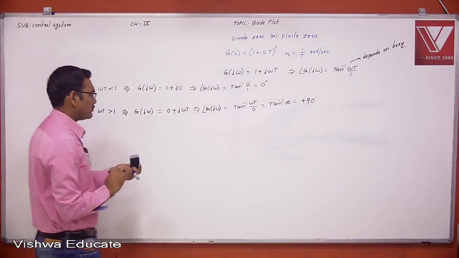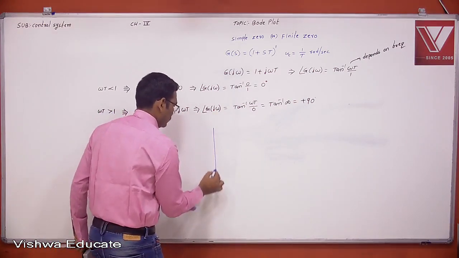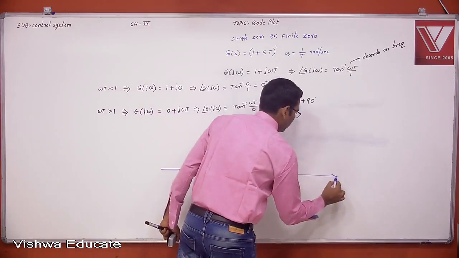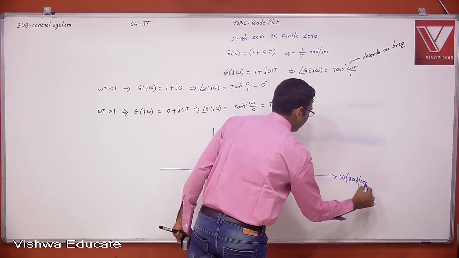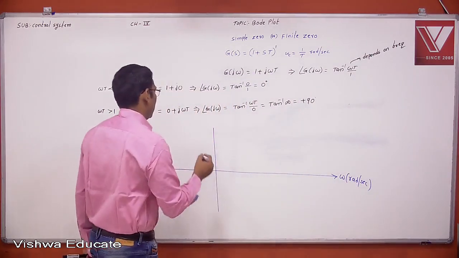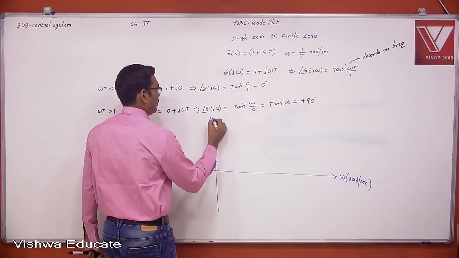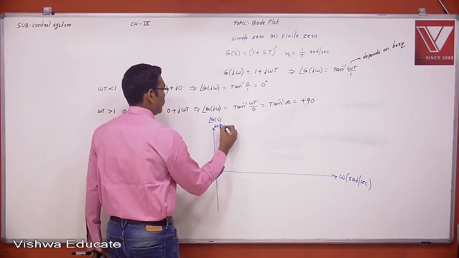Therefore, now again, the phase angle versus frequency, if you take it, this is the angle of G of j omega in terms of degrees.